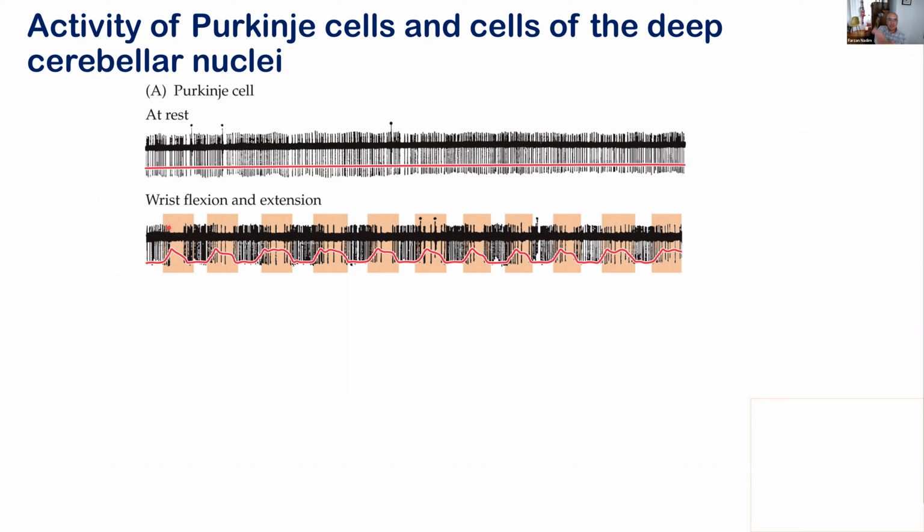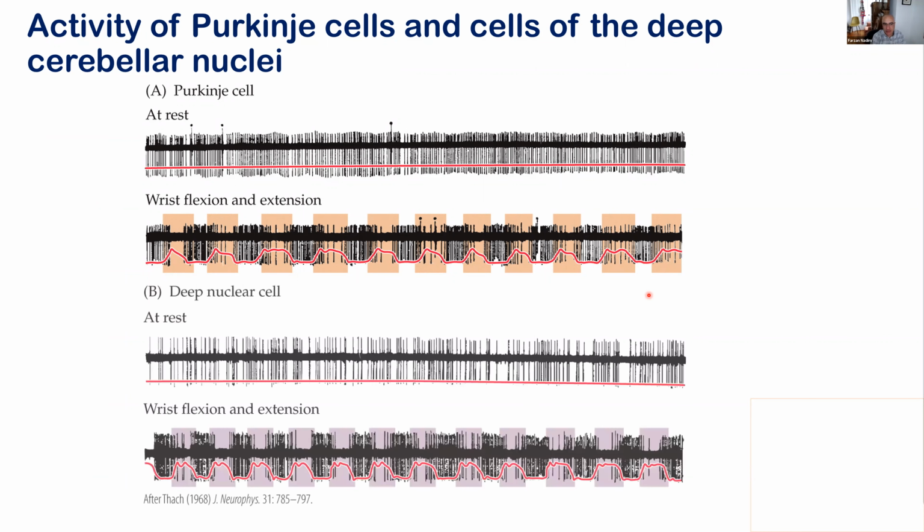So basically it's flipping the wrist over back and forth. And you can see as the wrist is moved back and forth, the activity of this cell is completely modulated by the wrist flexion and extension. And in fact, it is predictive of what the next move is going to be. So the cerebellum is basically predicting what the next move is going to be of the wrist flexion and extension.